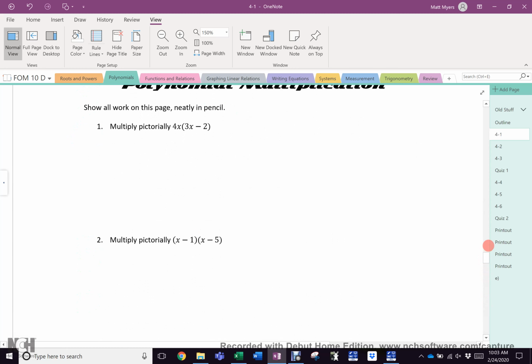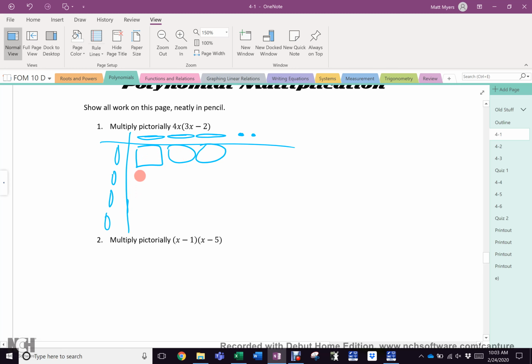So back to here very quickly. This should not take long. One side of your rectangle should have 4 bars. Can it be down or across? Does it matter? No, it doesn't matter. The other side should have 3 bars and 2 little filled in ones. Then that bar stretches. 1, 2, 3, 4, 5, 6, 7, 8, 9, 10, 11, 12.